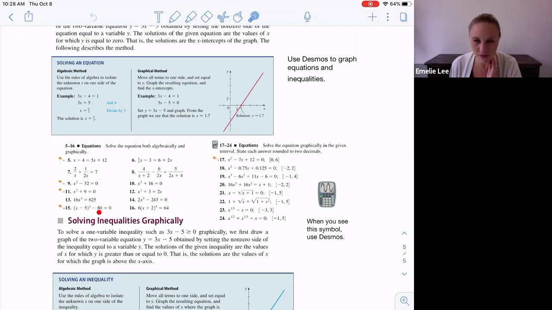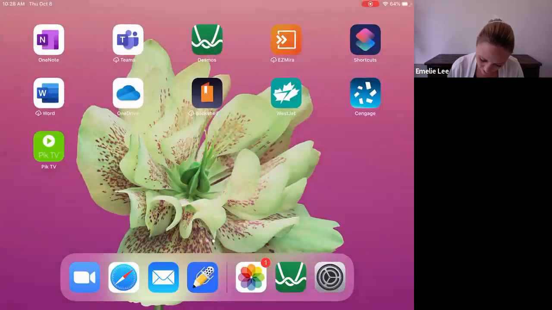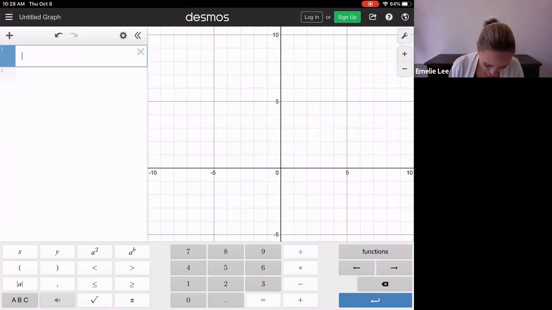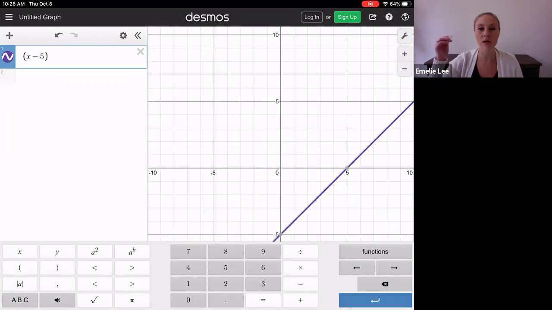solving 15 graphically. We're not going to solve this algebraically because it's to the power of 4, so generally we stay away from those in this course. But if we have bracket x minus 5 bracket, and if you want something other than the power of 2, there's the a to the power of b, which for the longest time I couldn't find.